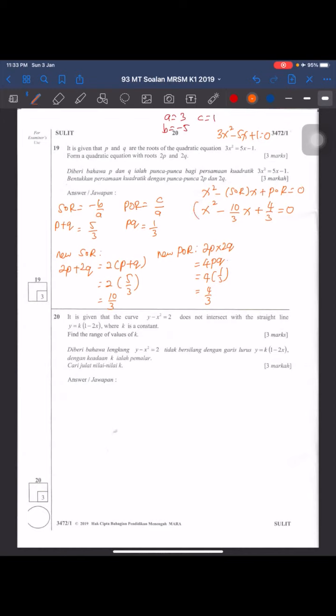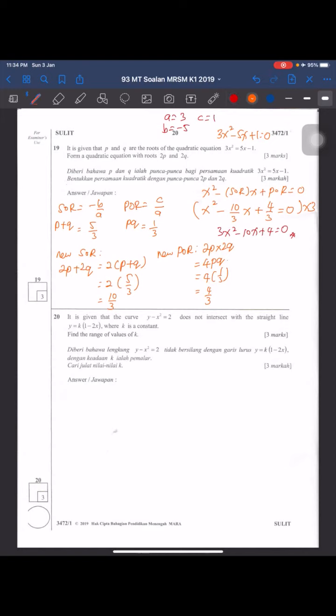Okay, ataupun awak nak darab 3, okay, boleh, tak ada masalah. So kita akan dapat 3x square minus 10x plus 4 is equals to 0. Both is accepted. Okay, settle number 19.